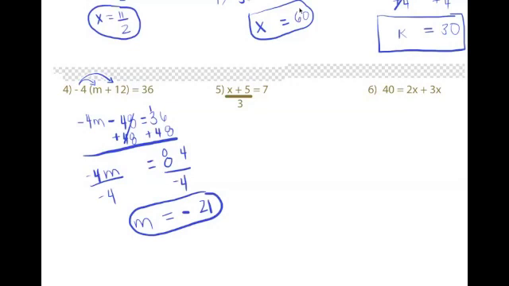Number 5, let's see how you guys do. You try number 5 by yourselves, and then I'll work on this one, and you can check on my work and see how you did.